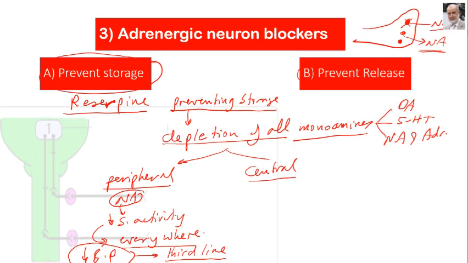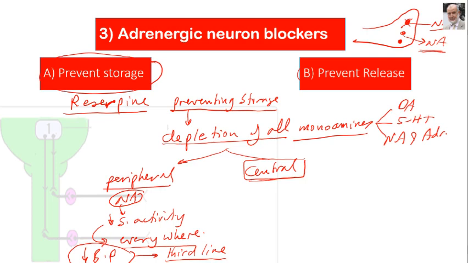Why? Because of many side effects. What are the side effects? Peripheral and central effects. Peripheral effects are exactly the side effects we talked about early, which are produced by the alpha 2 agonist or ganglionic blocker, exactly the same side effects.